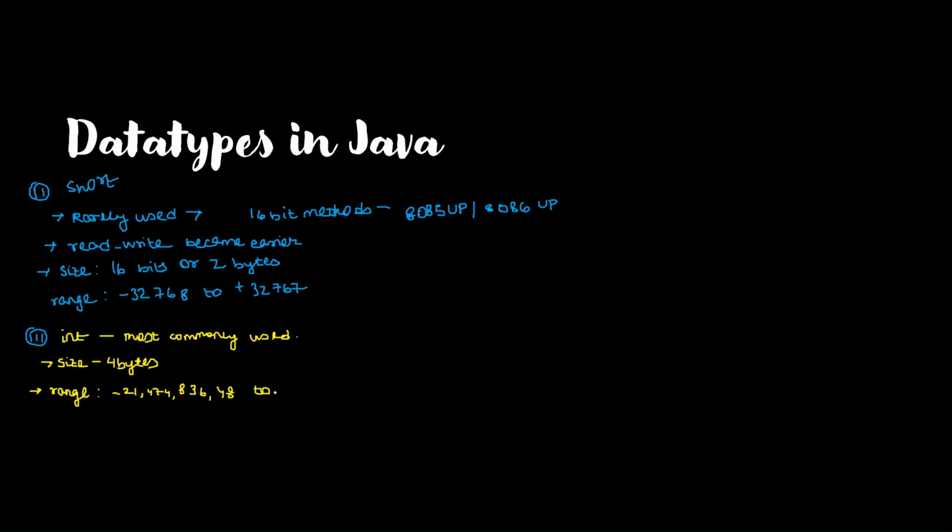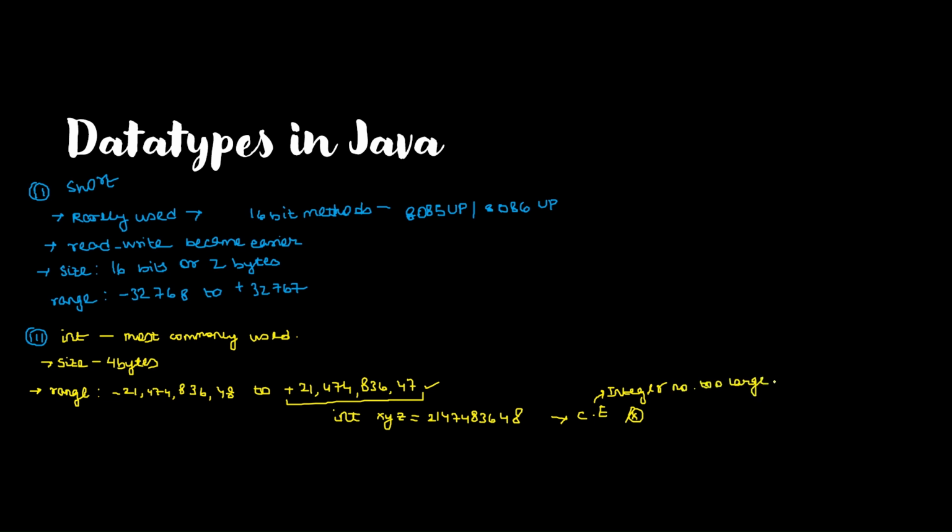The range is -2,147,483,648 to a positive of 2,147,483,647. This is the range of an int data type in Java, which means if you write something like int xyz = 2147483648, you would definitely get a compilation error saying integer number too large, because the maximum that you can have is a positive of 2,147,483,647, which you should avoid.